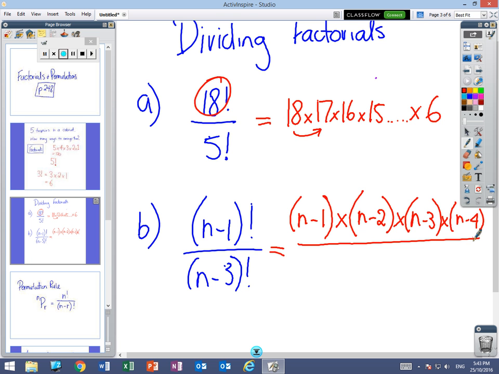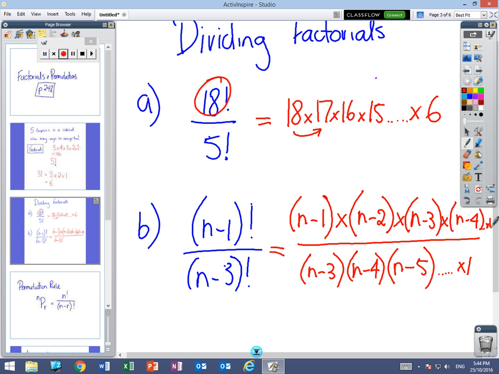Now on the bottom, it's the same. We're still doing factorial. What would the next one be? n minus 5. Eventually, we don't know what these numbers are, but both of them will go down to 1.